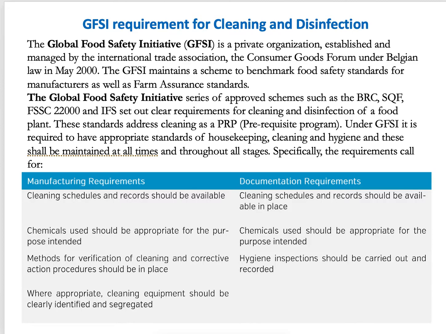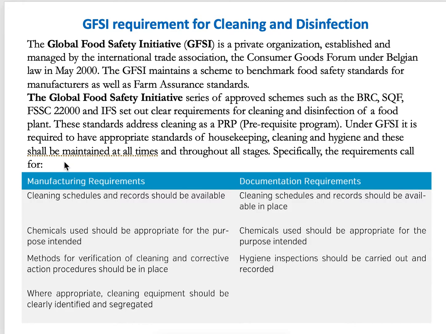Finally, I want to talk about one private organization that deals with food safety. Actually, there are different organizations. There are governmental organizations and private organizations which work to ensure that the food coming from the manufacturer to the customer is safe to consume.